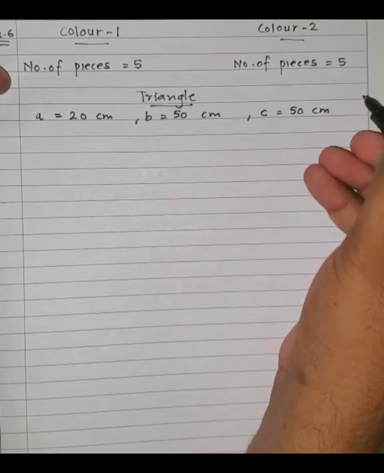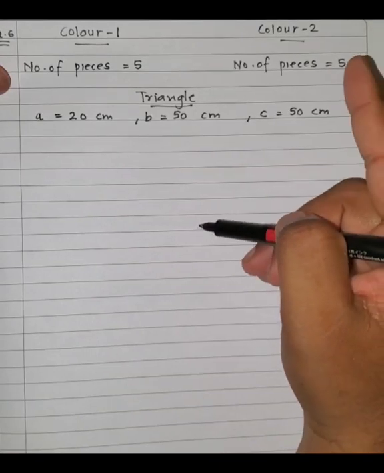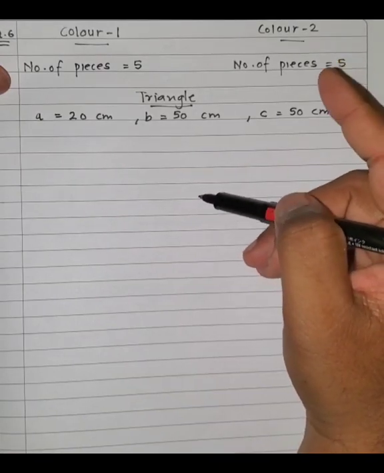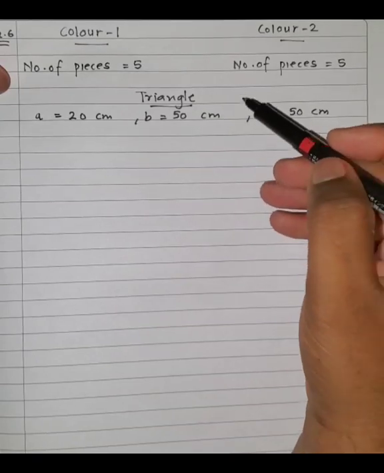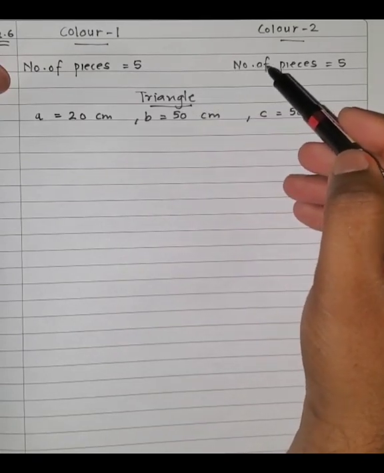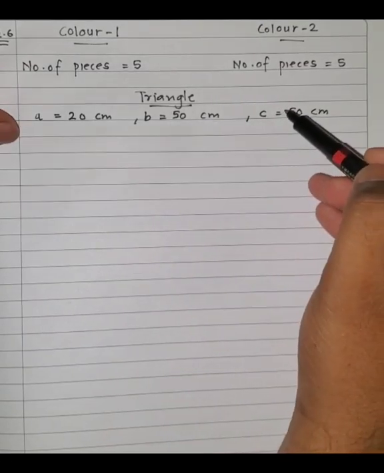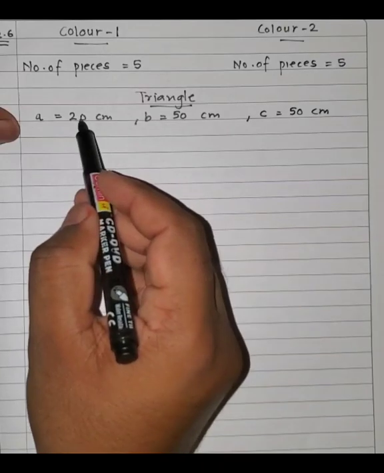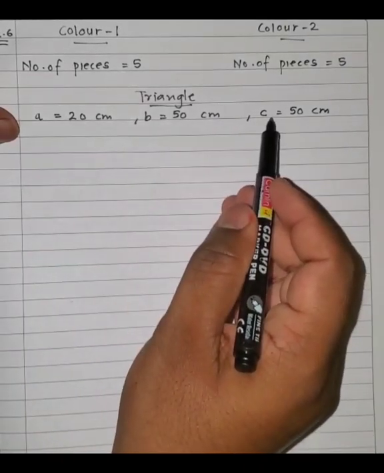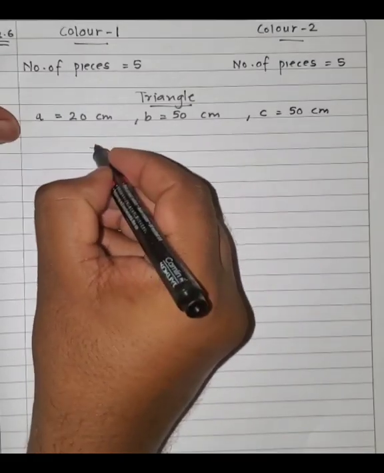So what we are going to do now is find the area of one triangle. That will help us to find the area of 10 triangles, because all these 10 triangles are the same in dimensions. So let's find the area of one triangle. The measures of the sides of the triangle are already given. Let us find the semi-perimeter to find the area.